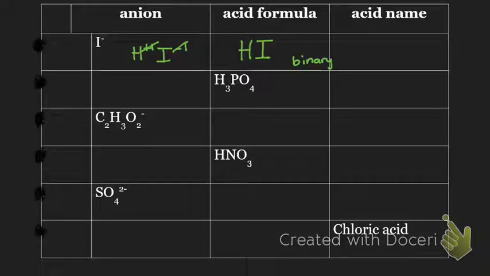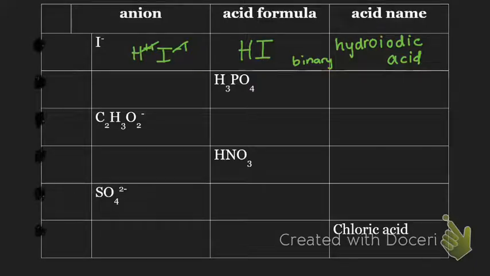So we would use the prefix hydro, and then we put the root for iodine, so it'd be iodic acid. So you might have to look up the stems every now and then, but you just do your best. Hydroiodic, we add the ic at the end, acid.